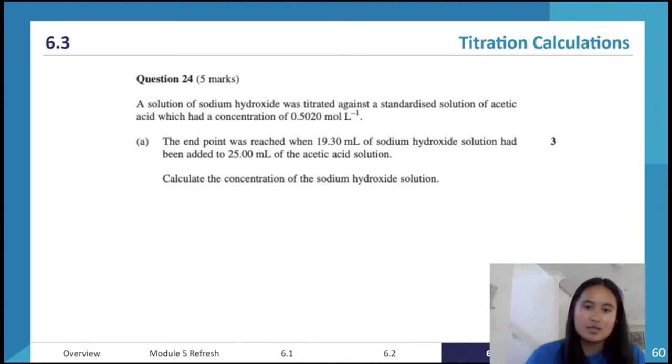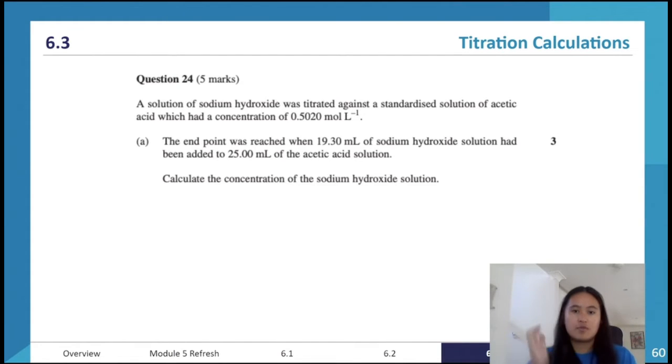How we do it is it tells you the endpoint is reached at a certain volume, and you're given the concentration of the acetic acid. So it says that you have 25 mL of acetic acid.